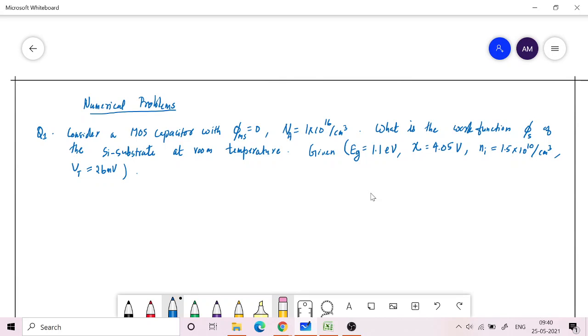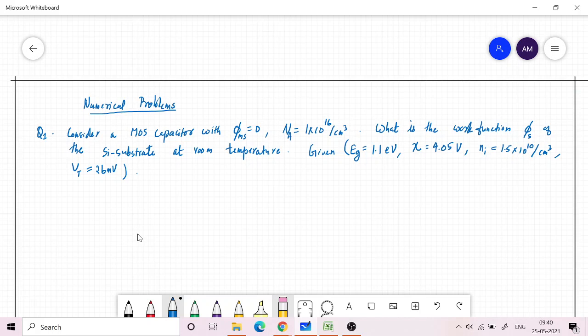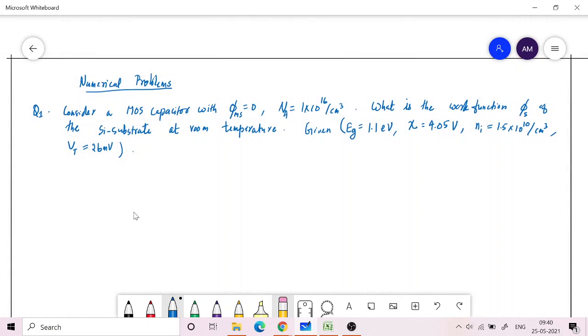How do we find out work function psi s? This is basically to test your understanding about the energy band diagram. If you don't understand it, you will not be able to do this. So this is the first case that we have considered.